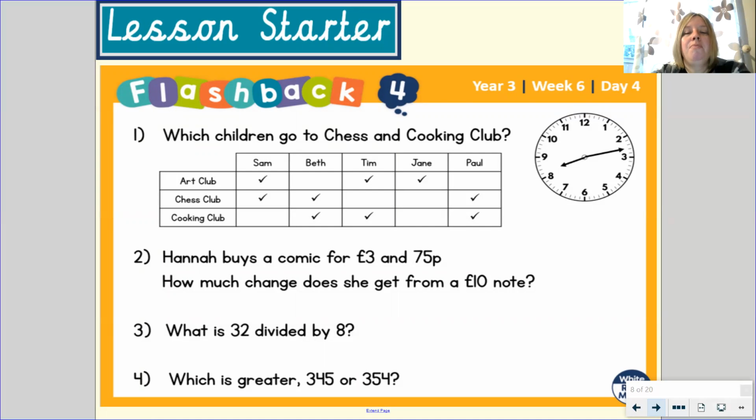Question number 2. Hannah buys a comic for £3.75. How much change does she get from a £10 note? Use the strategy that we learnt in our unit of work on money that you feel most confident with.